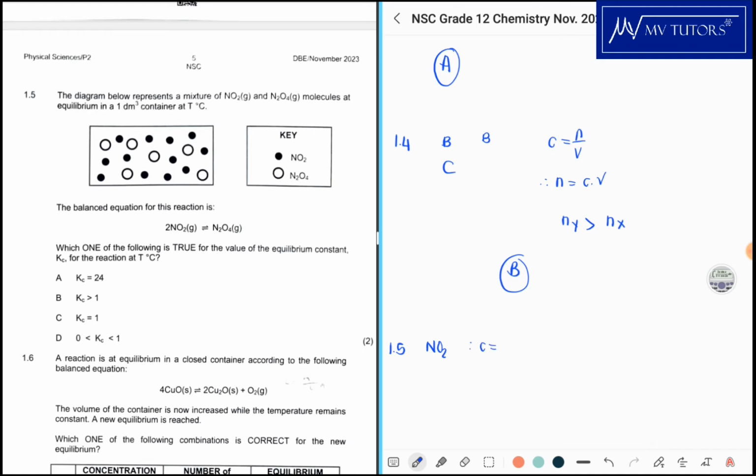Number of moles over volume. Nitrogen dioxide is the one in black. We have 4, 8, 12. So we have 12 moles per cubic decimeter.